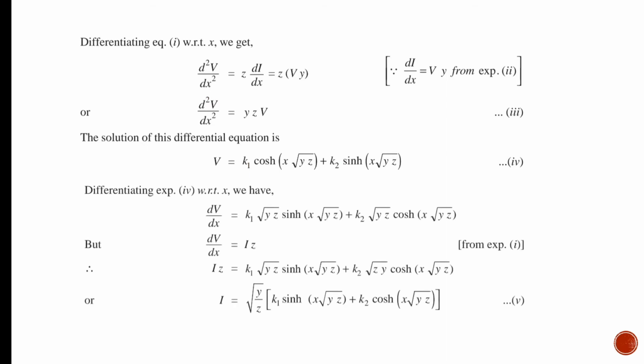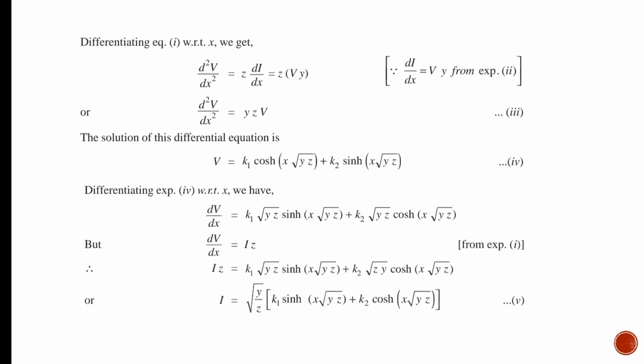Now differentiating the fourth equation again with respect to x, we have dV by dx equal to k1 root of yz sinh of x root of yz plus k2 root of yz cosh of x root of yz. But we already know that dV by dx is equal to Iz.